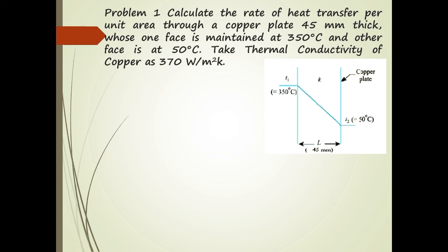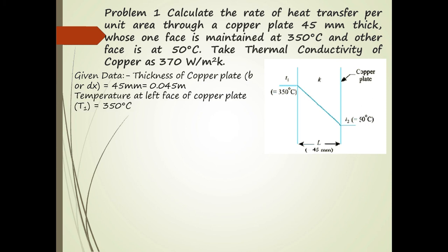So try to write down the given data, which is a very important step. In the very first sentence, thickness of copper plate, dx, is given as 45 mm. Convert it in meter, that is 0.045 meter. After that, temperature at left face of copper, T1, is given as 350 degrees centigrade.